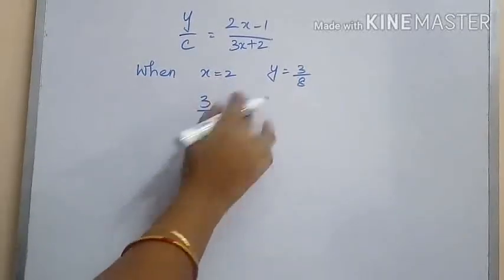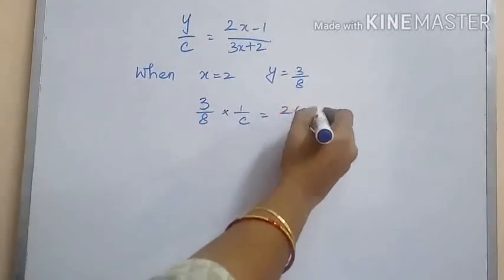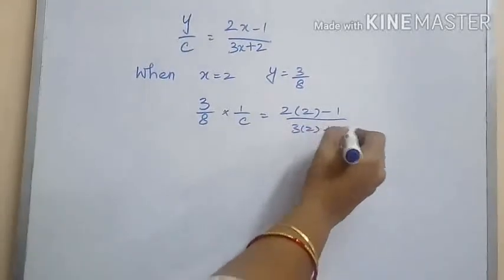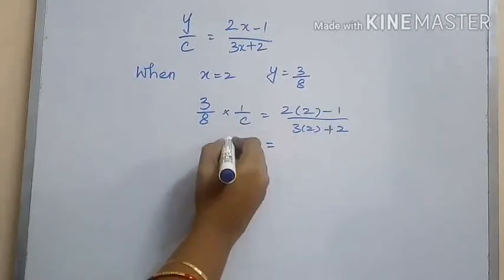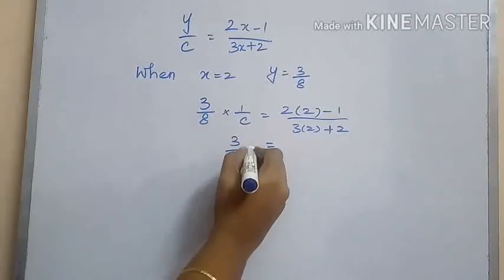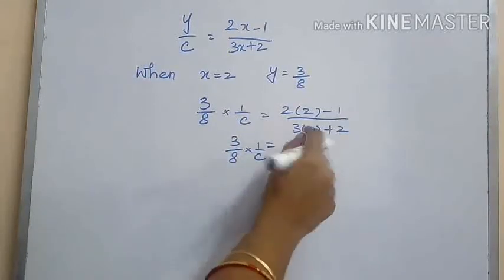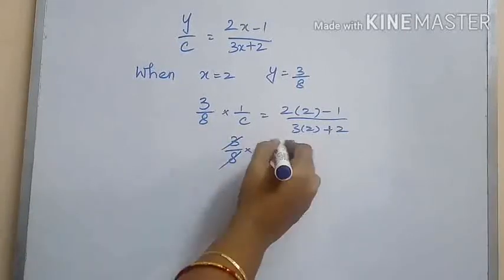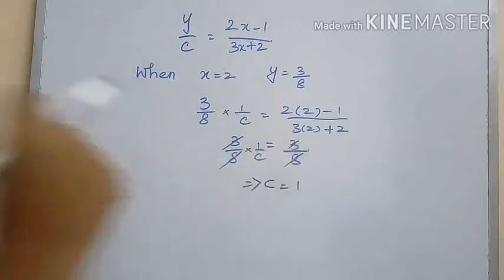So we have 3 by 8 into 1 by c is equal to (2 into 2 minus 1) by (3 into 2 plus 2). So we get 3 by 8 into 1 by c is equal to 4 minus 1 is 3 and 6 plus 2 is 8. So we get c is equal to 1.